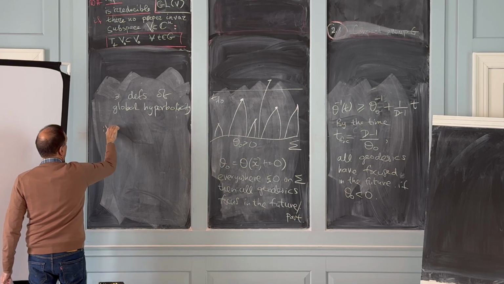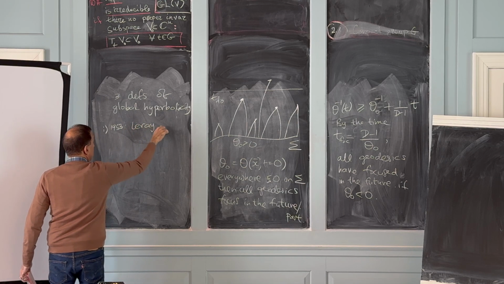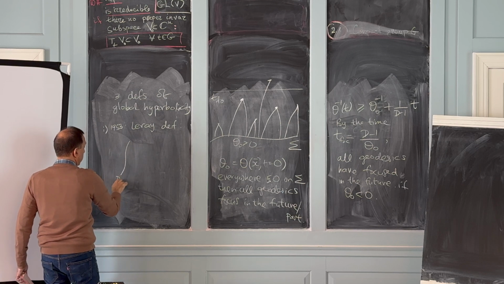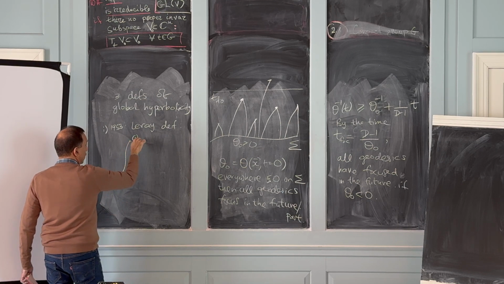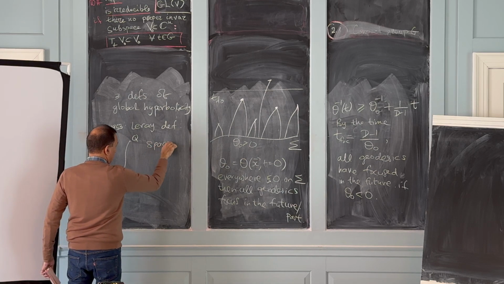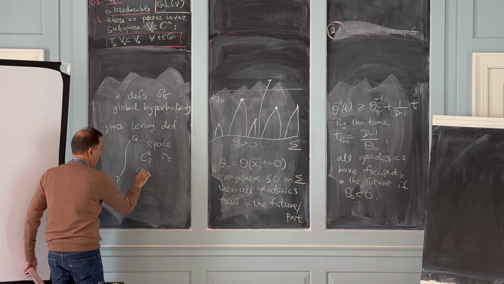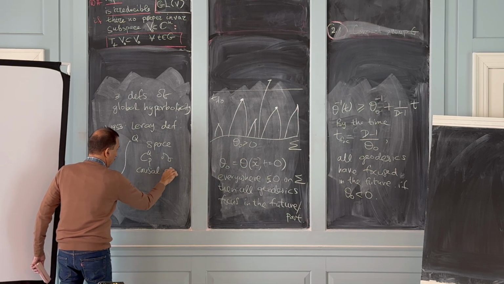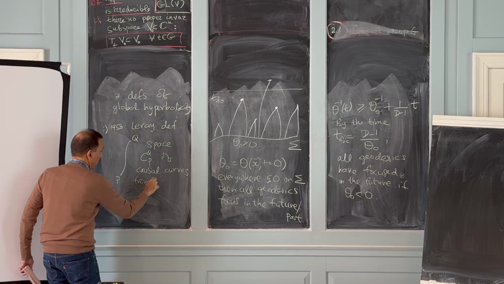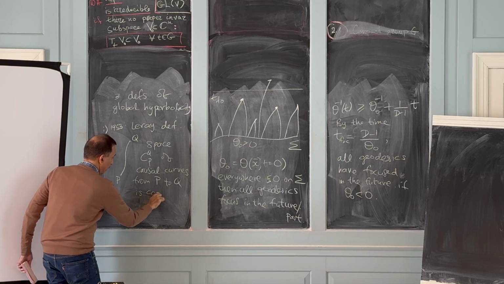And one from 1953 was the Leray definition, which says that if I have a point P and another point Q in its causal future, then the space CPQ of causal curves from P to Q is compact.